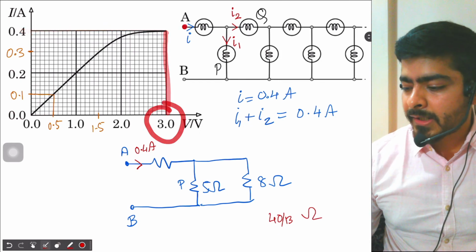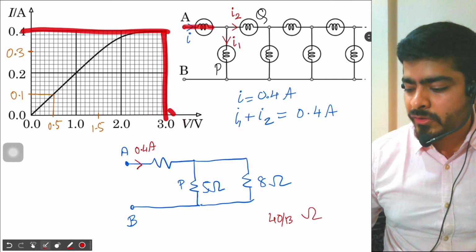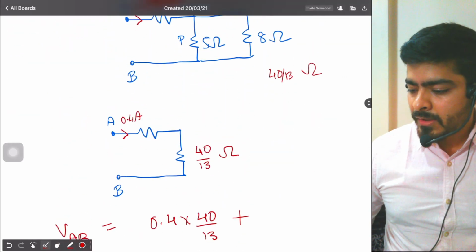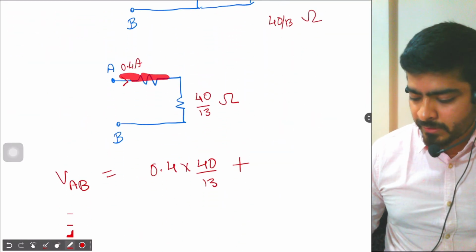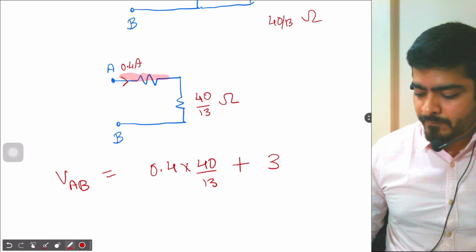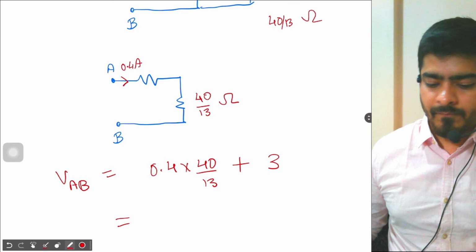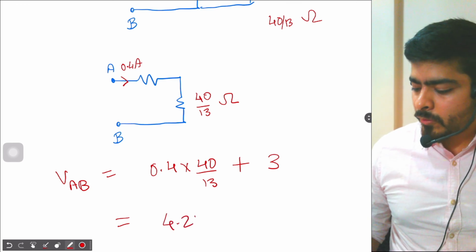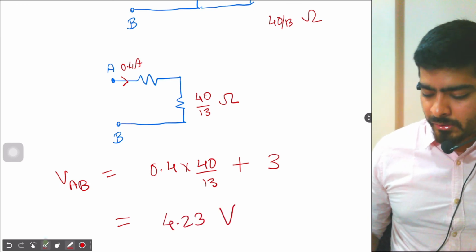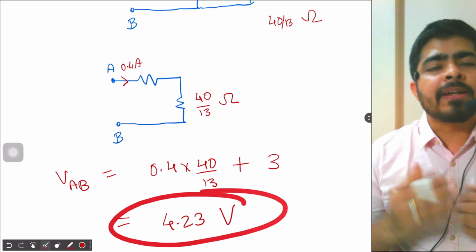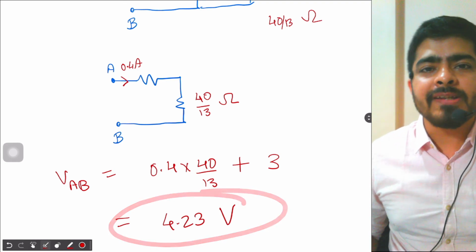The current passing is 0.4 ampere, so the voltage should be 3 volt. So your total voltage will be, if you simplify this, equal to 4.23 volt. So this is the maximum voltage that we can apply across the endpoints A and B.